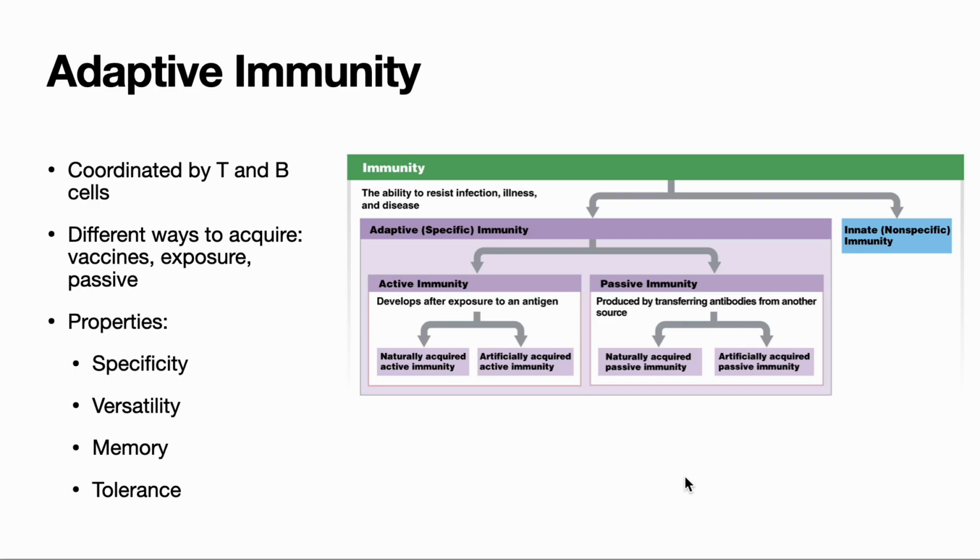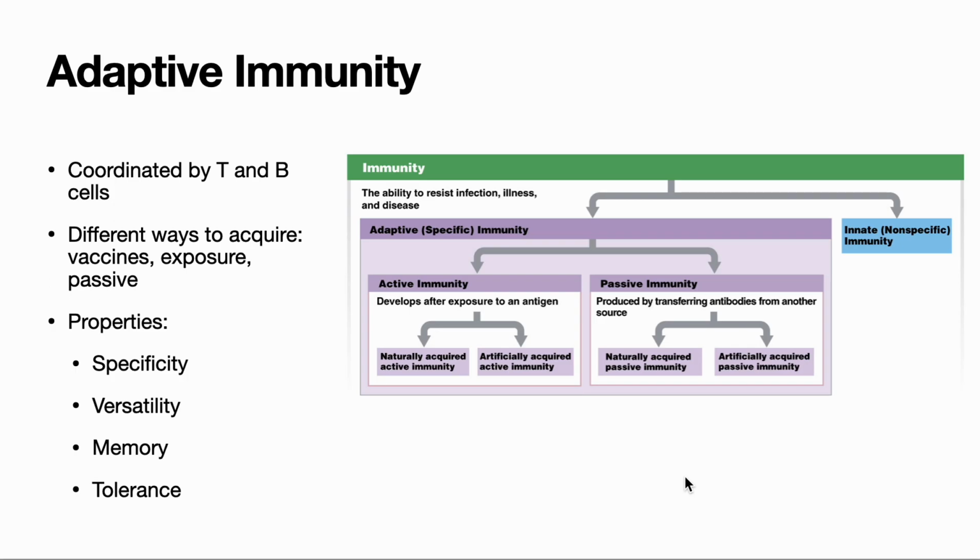A natural exposure would be like you breathe in a flu virus, and all of the things that happen after that in response to that flu virus would be naturally acquiring that active immunity. But it's also possible that I could trigger your immune system by giving you a vaccine that contains a particular antigen, which will then trigger an immune response in you. So you are still doing the work of building that immunity, but the way you were exposed to it was artificial. So that clarifies what's happening in that chart.